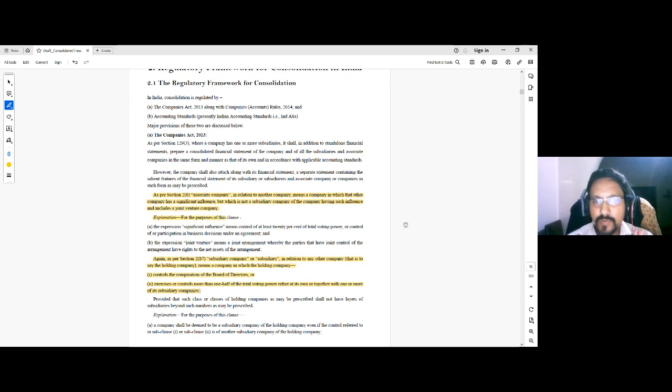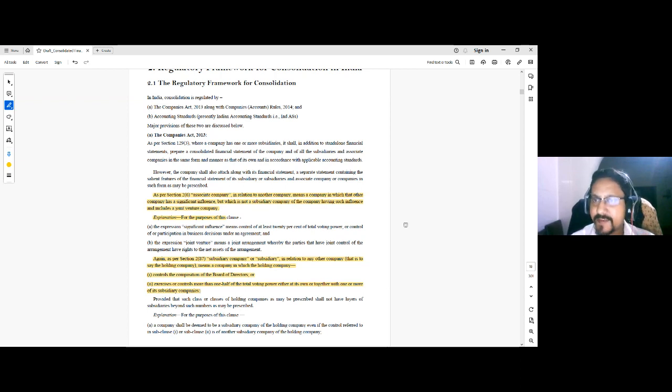Okay, so we have come across three important concepts. First of all, there is a parent company, and for the purpose of consolidation, there may be three options. First, there may be a company which is my subsidiary, where I have the controlling power of its board of directors, or I have acquired more than 50% of the voting rights of that company.